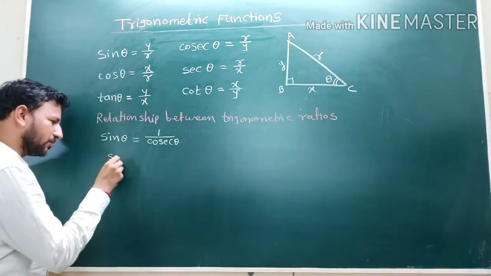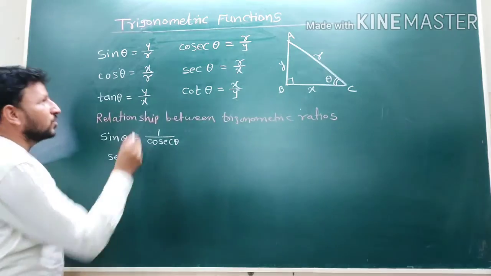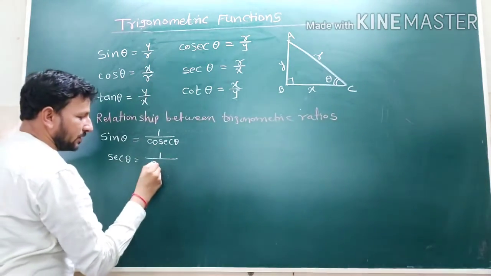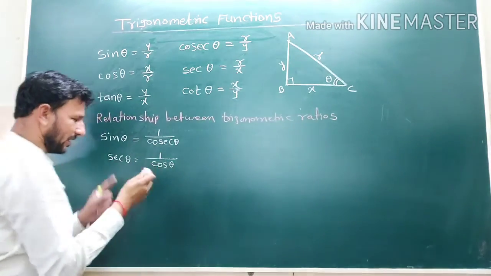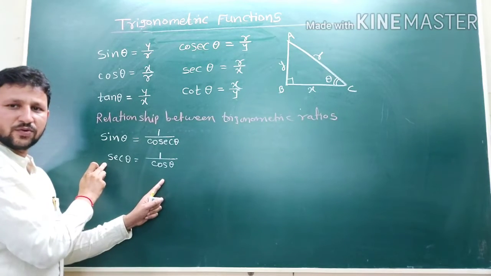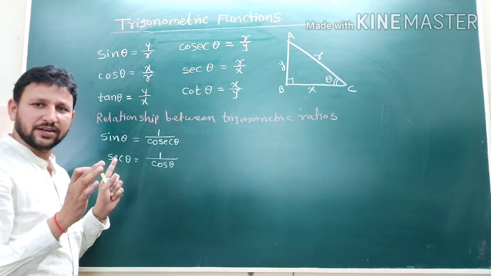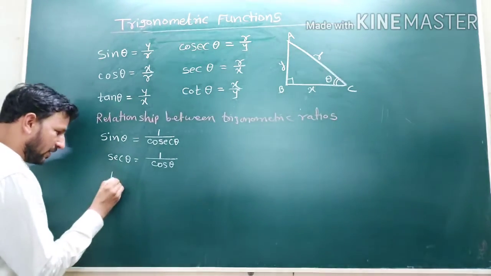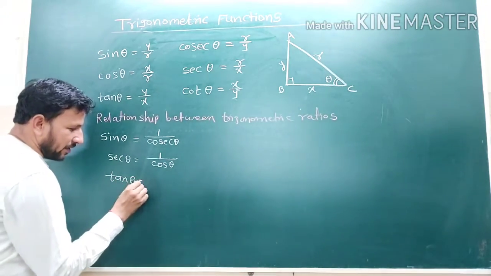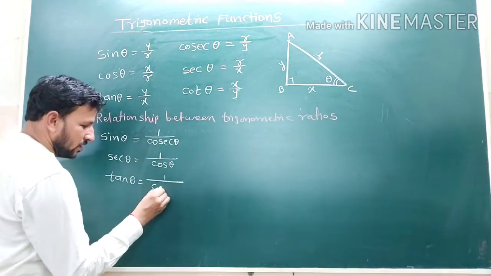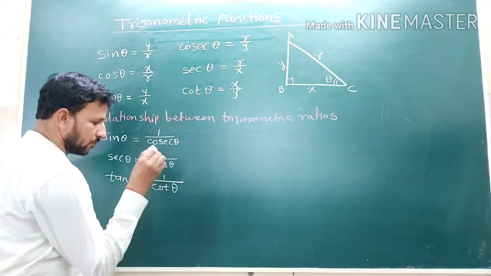Second, sec of theta is equal to 1 upon cos of theta. You can write it any way: cos theta is equal to 1 by sec theta, or sec theta is equal to 1 by cos theta. Both are reciprocals. Next one, tan of theta can be expressed as 1 upon cot of theta.